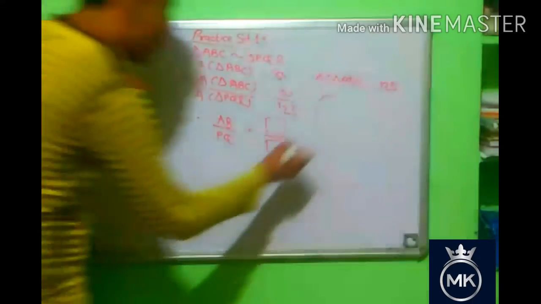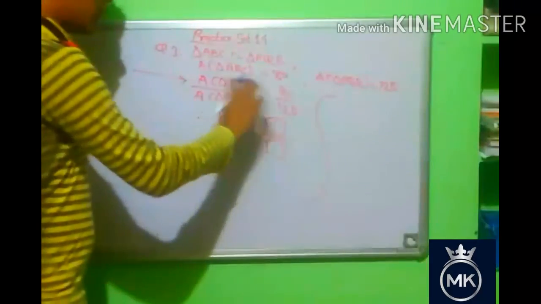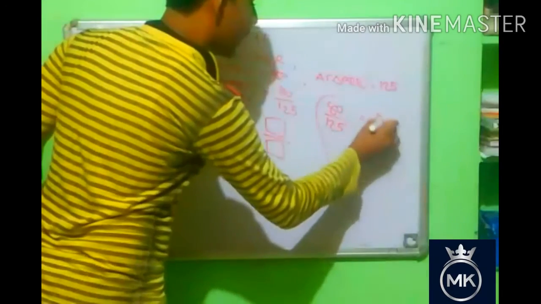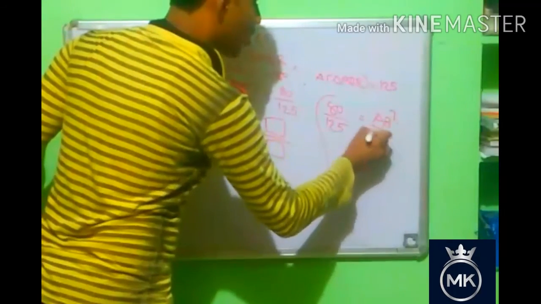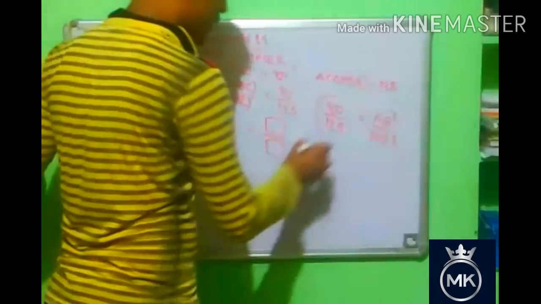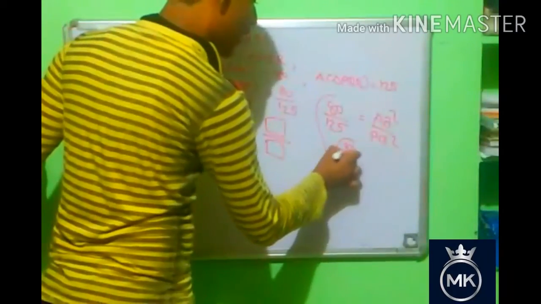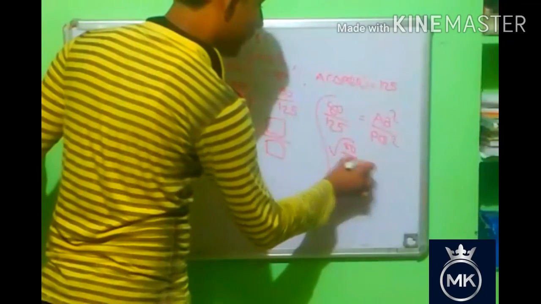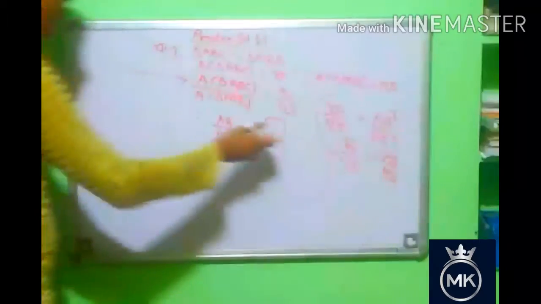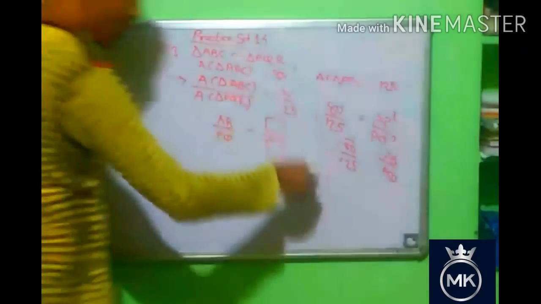So instead of both, we write here 80 and 125 is equal to AB square by PQ square. Taking the square root of both, under root of 80 by 125 is equal to AB by PQ. Then we fill the boxes using the short form.